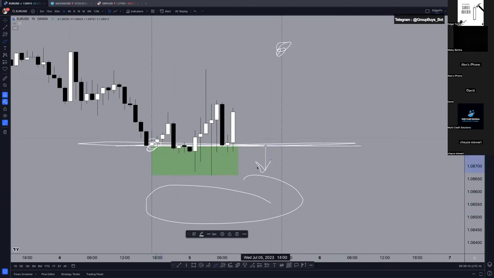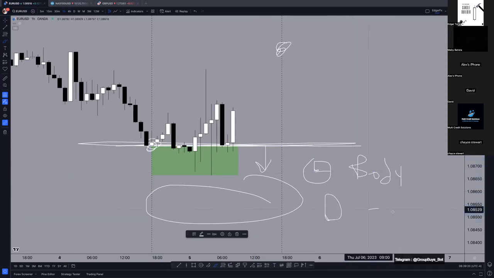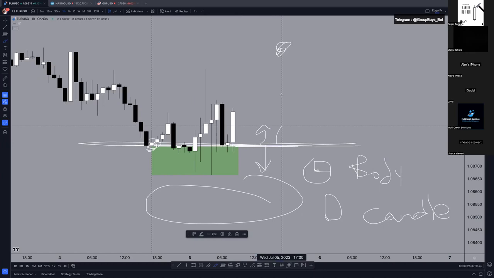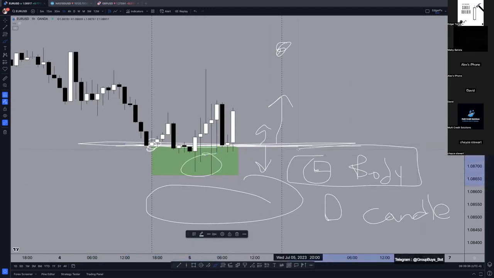Automatically, at some point, the market has to create the body of that daily candle, so it has to send price through the open and above it. So if you bought below there, you already know you're good. It's only a matter of time. You have to be ready for body time, for expansion time.